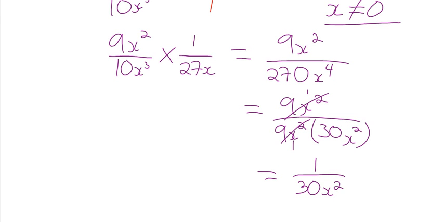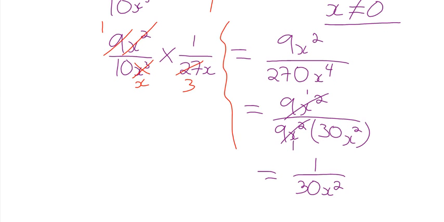Good? Okay. Now, what would you do? This is what I would do. I would say 9 goes into 27 3 times. I would say the x squared is going to take out 2 of these, leaving me with an x.